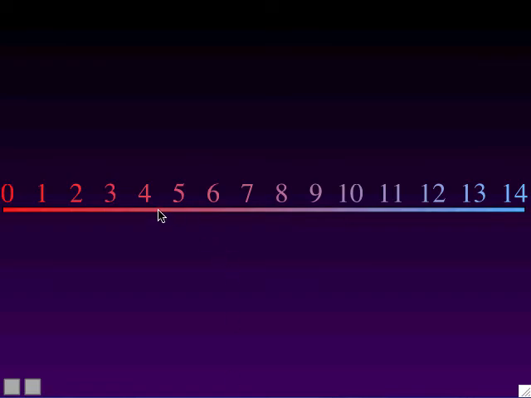A given solution might be pH 4, a different solution might be pH 10.5, another solution might be pH 13.2, a different solution might be pH 7.4, a different solution might be pH 1. Each solution has a certain pH number to it. And again, the pH number of a solution tells you about the hydrogen ion concentration of that solution. That's the point of the pH scale: to tell you about the hydrogen ion concentration of whatever solution you're talking about.